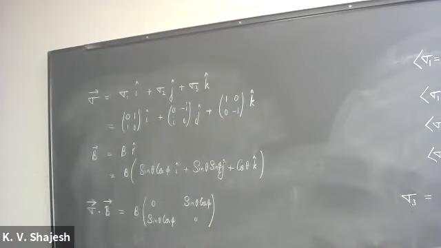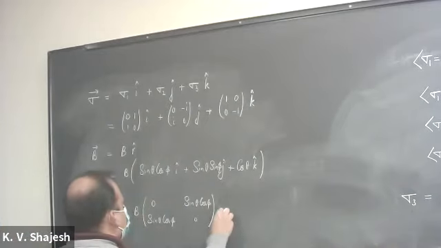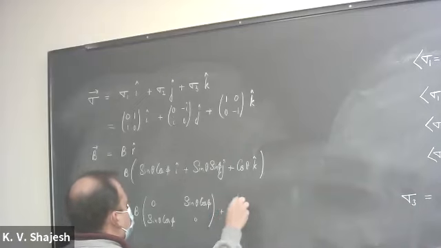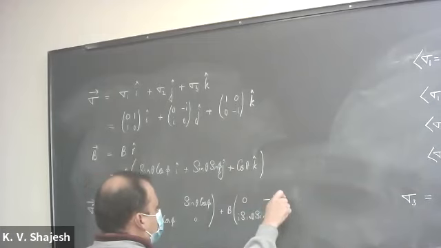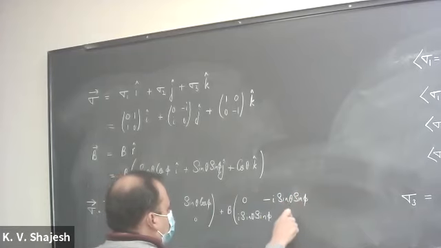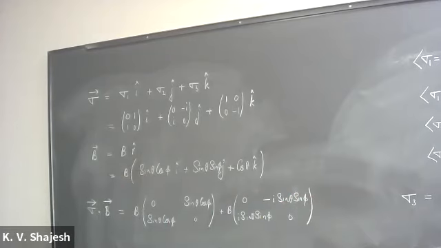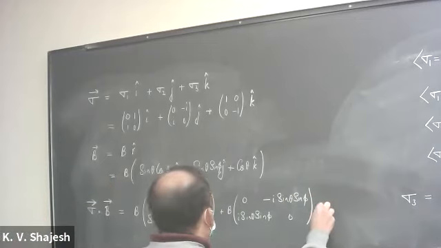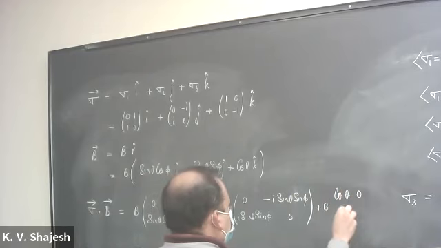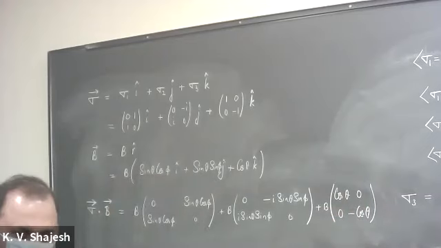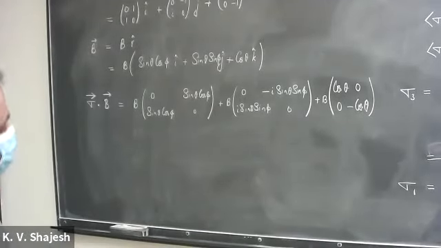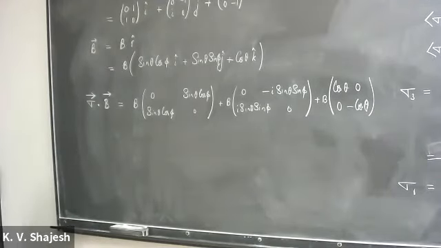First matrix. Second matrix is plus B times 0, minus i sine theta sine phi, i sine theta sine phi, 0, plus the third matrix. We good? Those are three matrices.